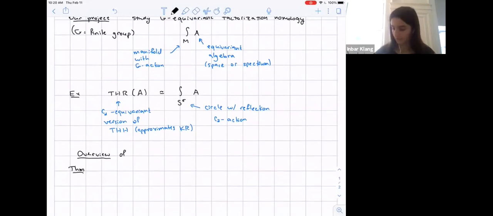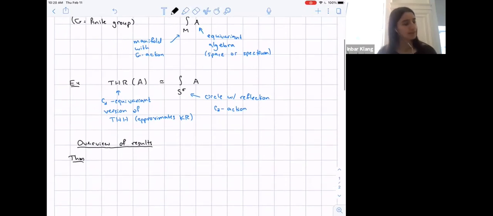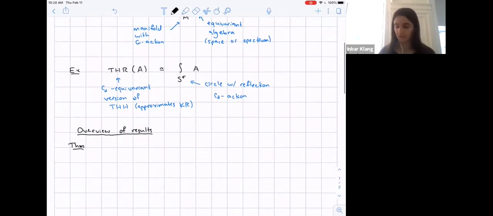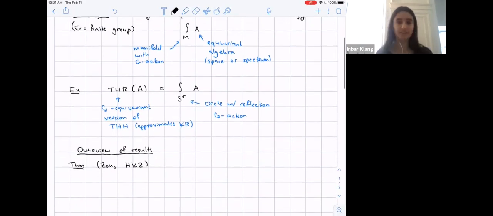Here's a theorem that we call equivariant non-abelian Poincare duality. This has been obtained both by Foling in her thesis and by us in our project, in different versions.